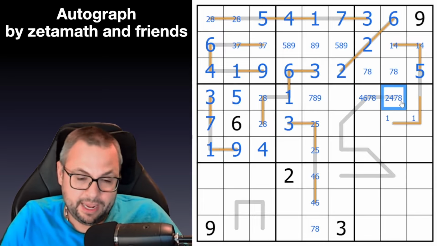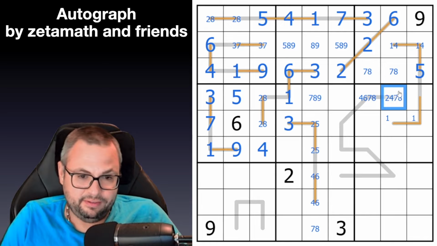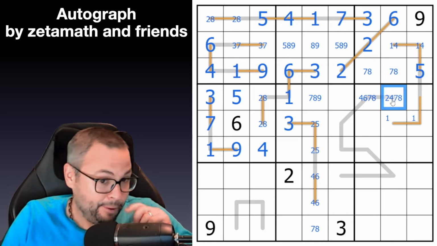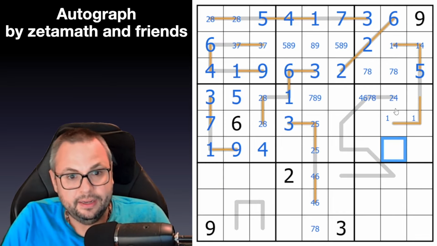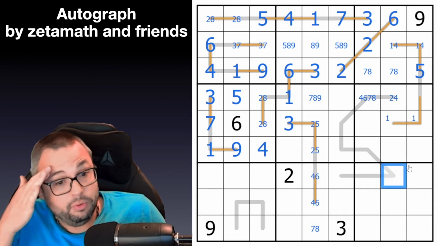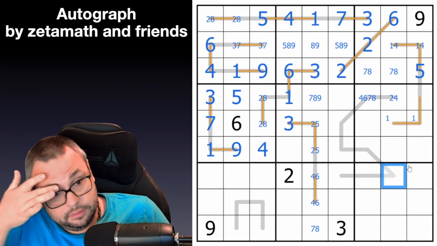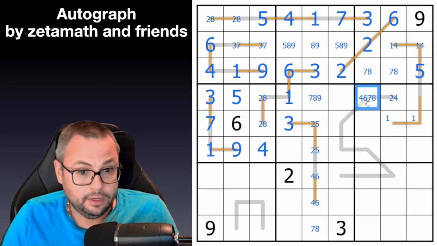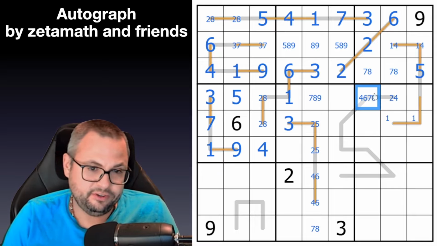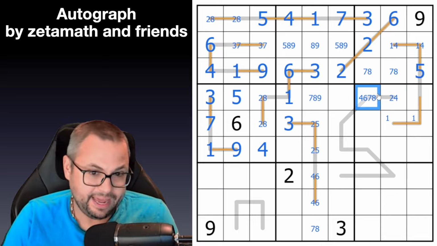Let's see. This one can't be 7 or 8. I see, because if this is 7 or 8, then this digit is at least 4. It makes it too big. So this is a 2 or a 4. It can't be 2, 8 either, because if this digit is an 8, then that would have to be a 2, and it would break that cell.